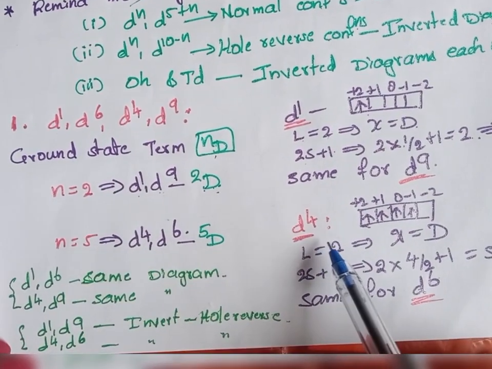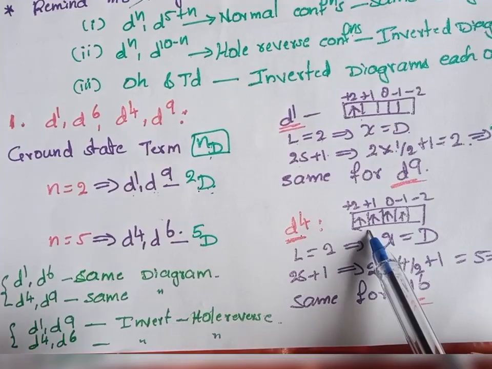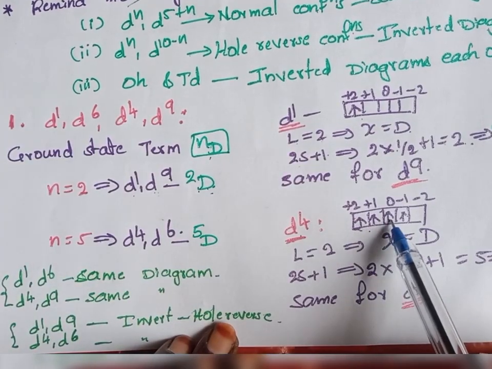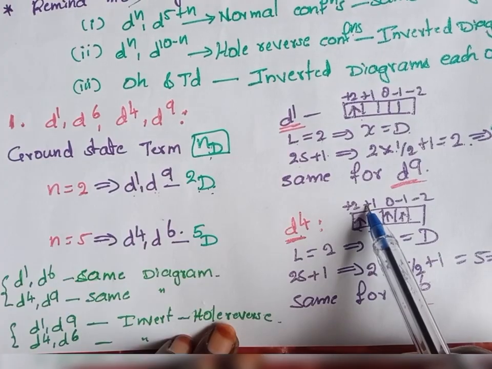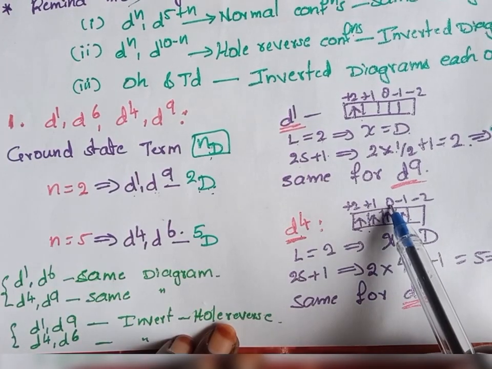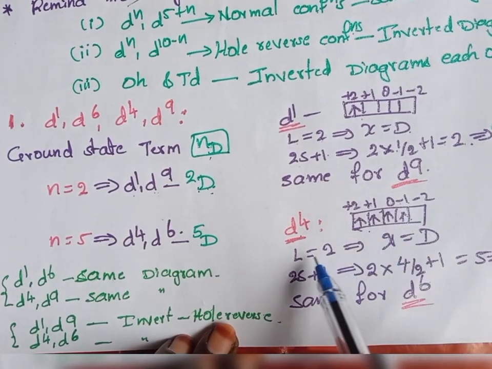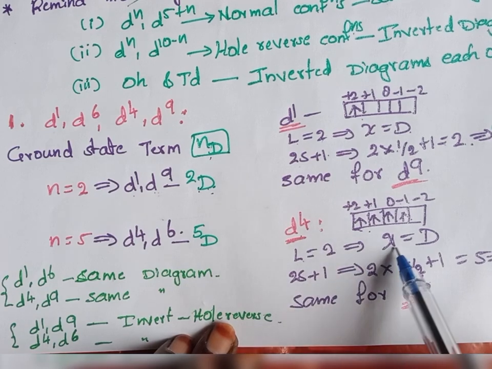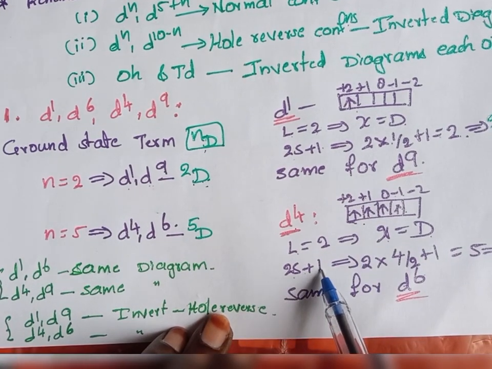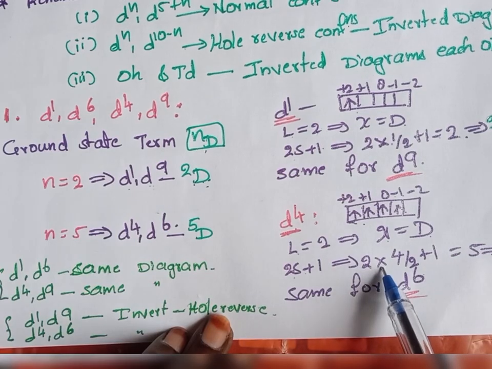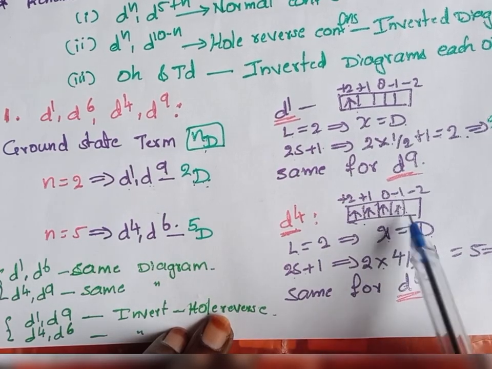And if we work out d4, for d4, 4 electrons are there. The 4 electrons will occupy like this, with m values +2, +1, 0, -1. Therefore, L equals 2, so the term obtained is D. And the spin multiplicity 2S+1 will be given as 2 into the number of unpaired electrons, which is 4 here, right?